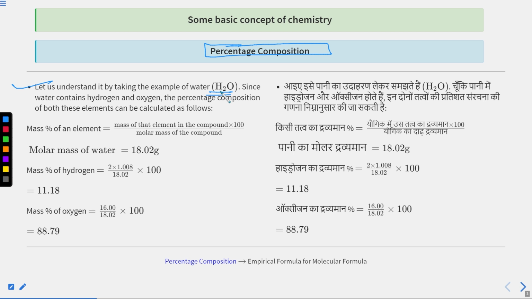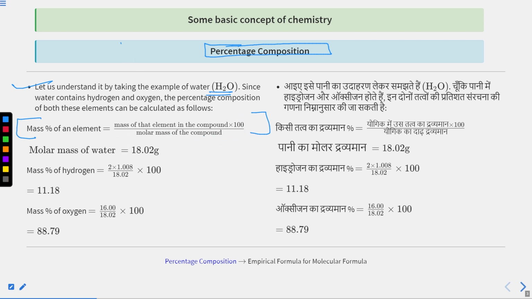To calculate the mass percentage of any element, in the numerator you put the mass of that element in the compound, divided by the molar mass of the total compound, multiplied by 100.